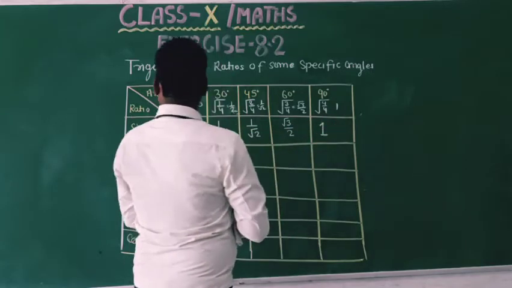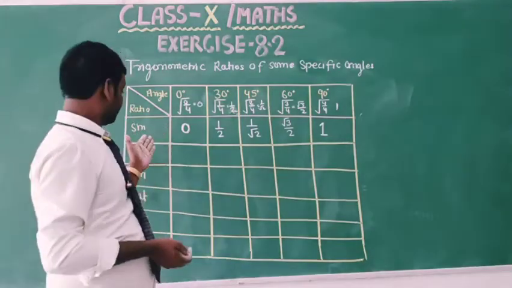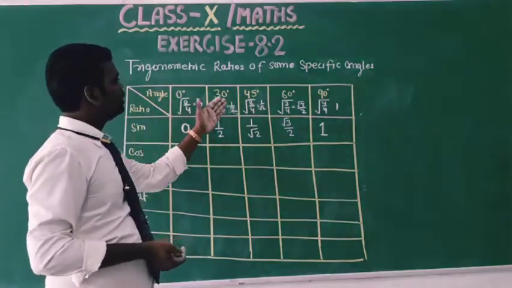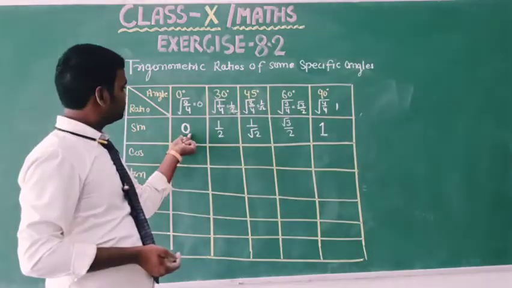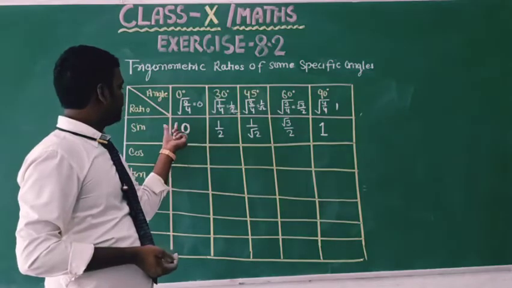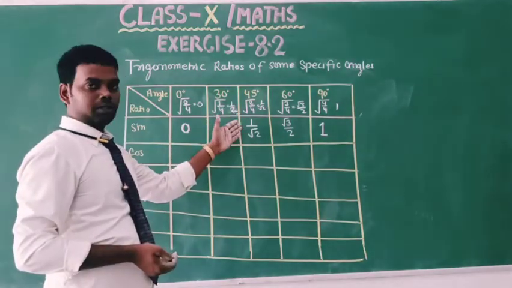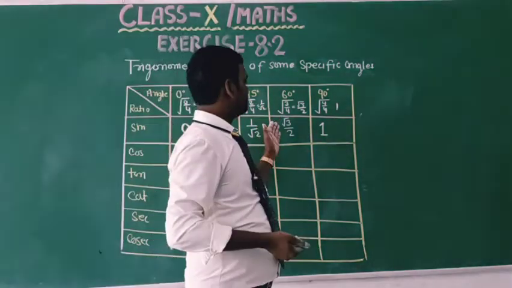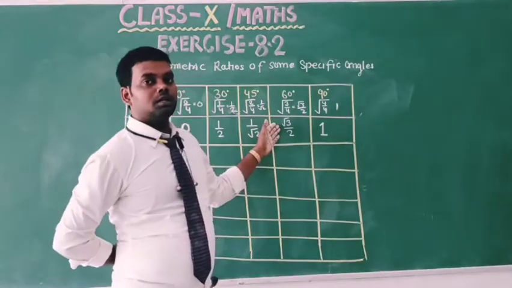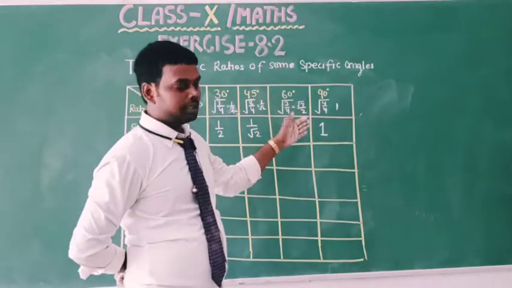So the values of sine for the specific angles 0, 30, 45, 60, 90 are: sine 0 degree is 0, sine 30 degree is 1 upon 2, sine 45 degree is 1 upon square root 2, sine 60 degree is root 3 by 2, and sine 90 degree is 1.